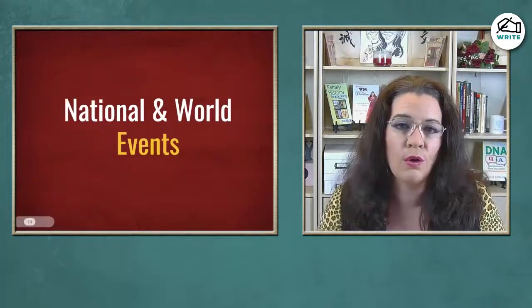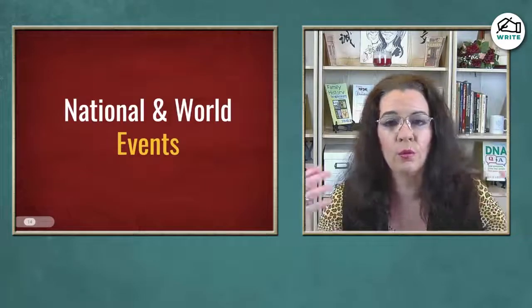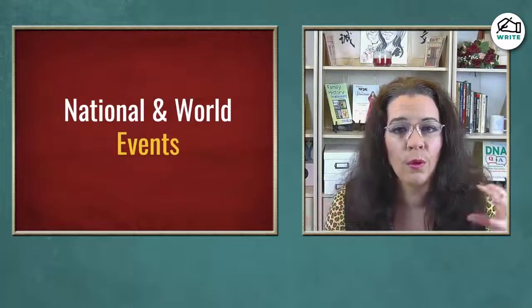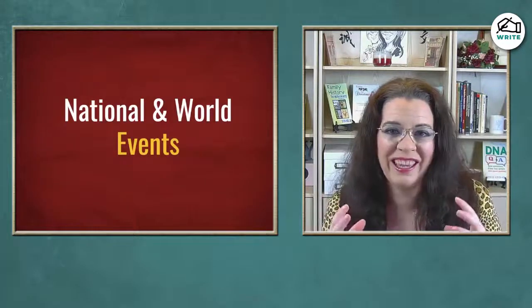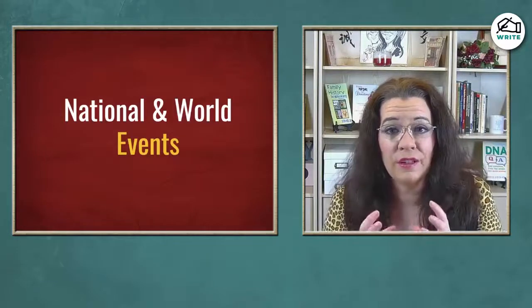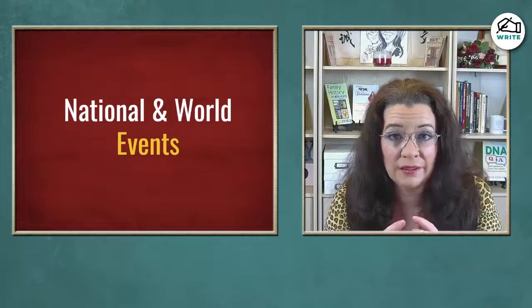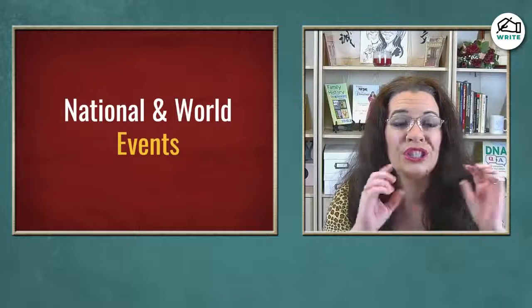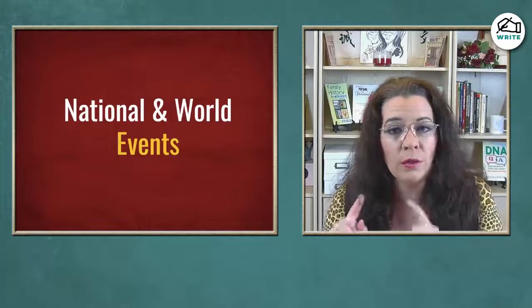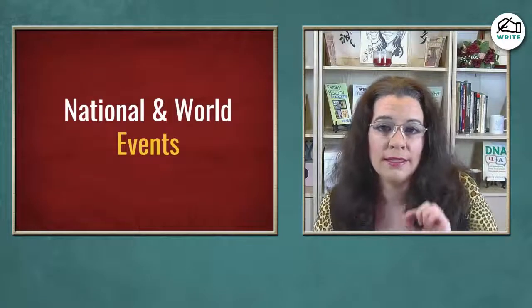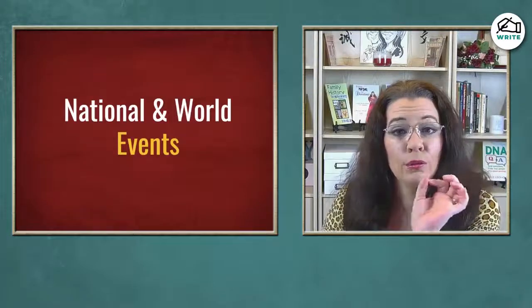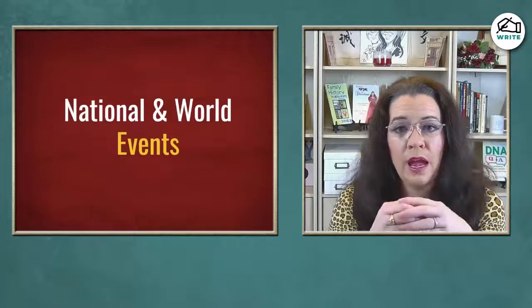Next, I want you to overlay with national and world events. Think of how the War of the Roses impacted the nations that were involved in that battle. Now, sometimes you're adding world events that don't impact your ancestors' lives because it helps anchor your reader into a time and place.